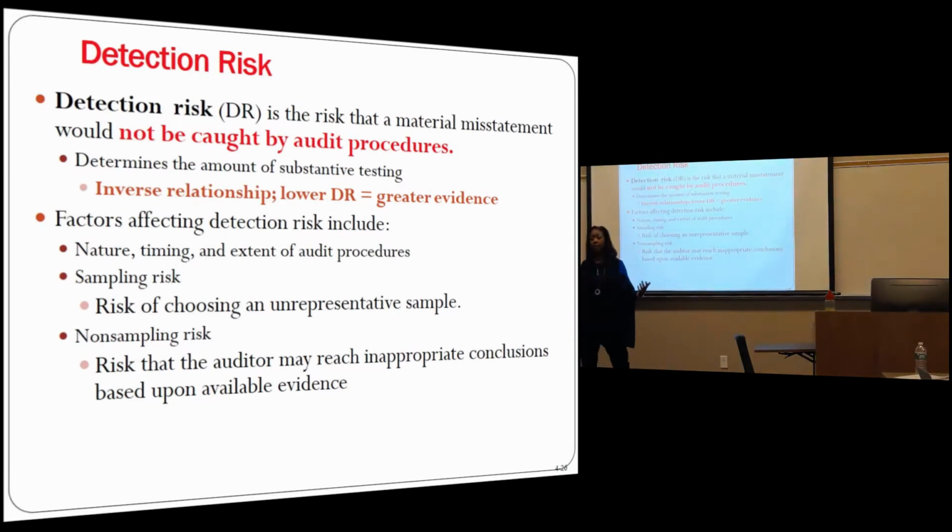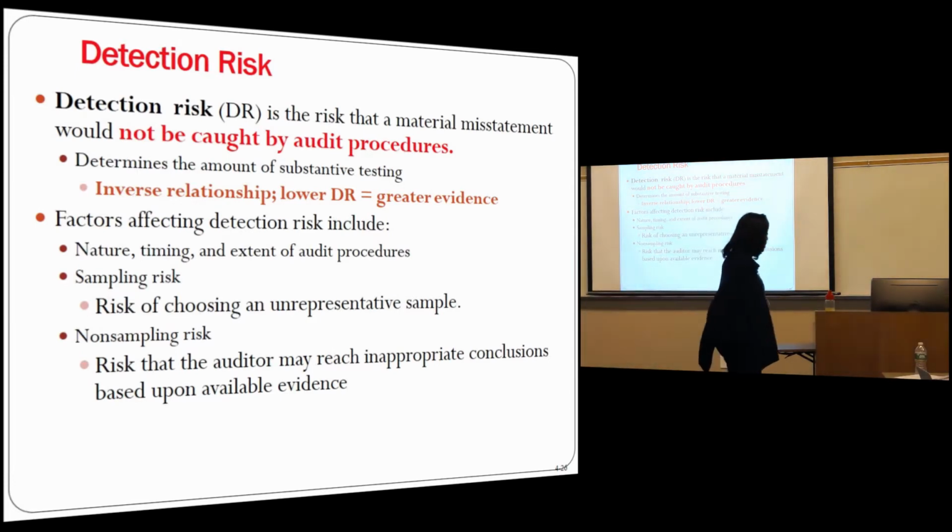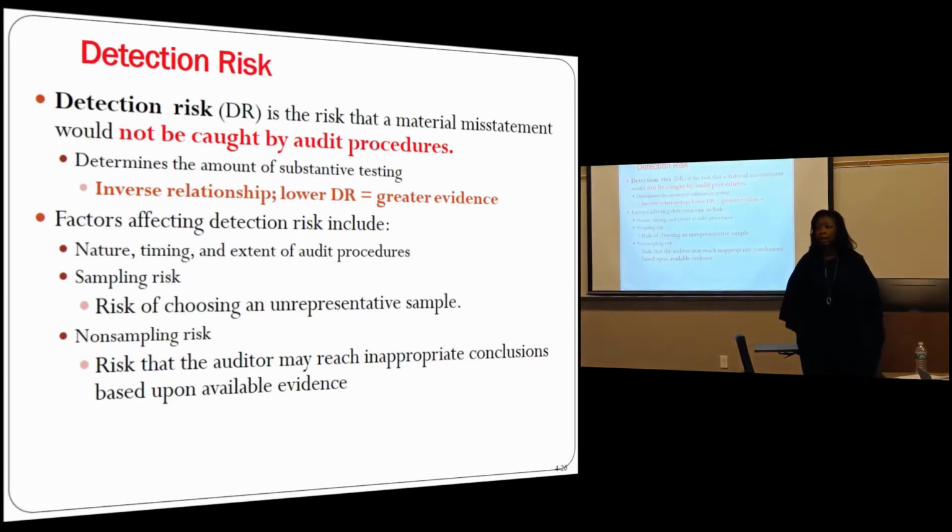An example might be, let's talk about repairs and maintenance. So let's say that the company has really good controls over repairs and maintenance. The repairs and maintenance is very standard. And again, there's low risk that they would capitalize repairs and maintenance. And the number doesn't change from year to year.